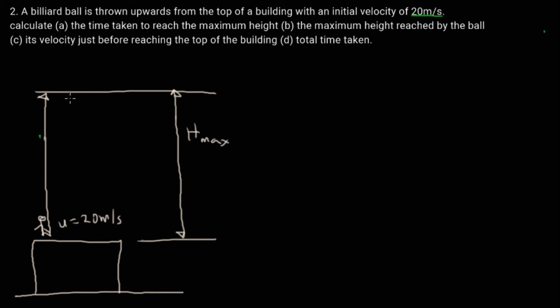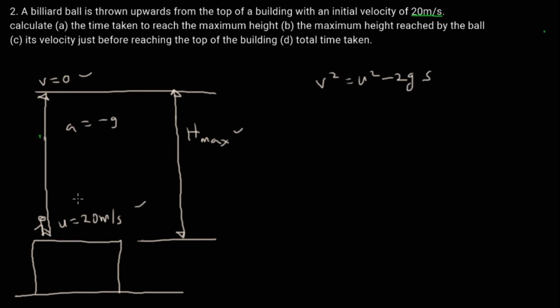Don't forget that at the maximum height, the final velocity of the object will be 0. So we can make use of the equation of motion relating height, initial velocity, and final velocity, and that will be v squared equals u squared. Since the object moves against gravity, the acceleration due to gravity will be minus g, minus 2gs.